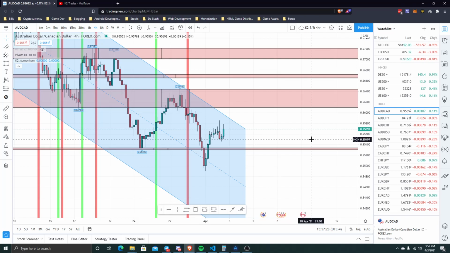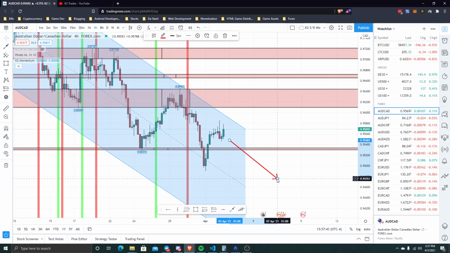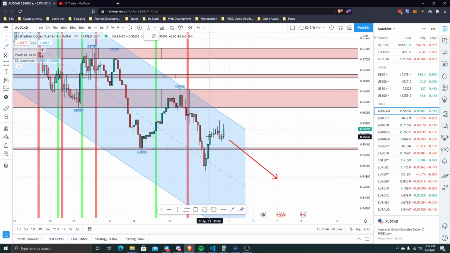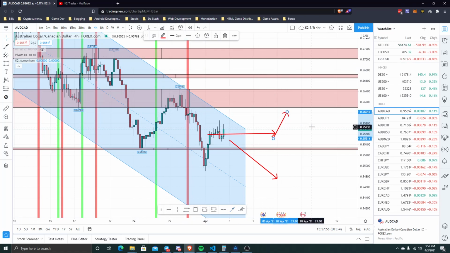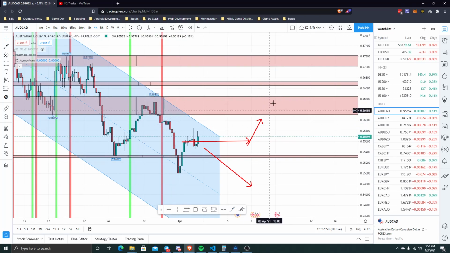So price can do these things here. Right now, since we have this bearish bias, price might continue to go down, or it might continue to go sideways like it was doing right here for a little bit, and then may change directions and might bump into this zone here.